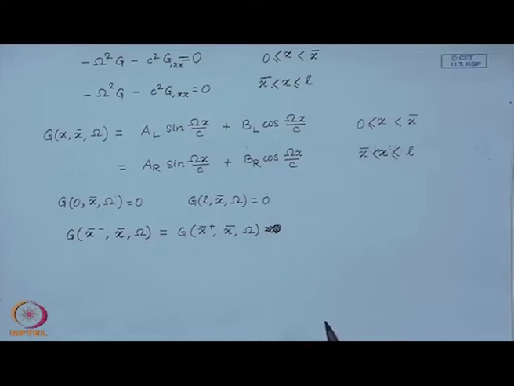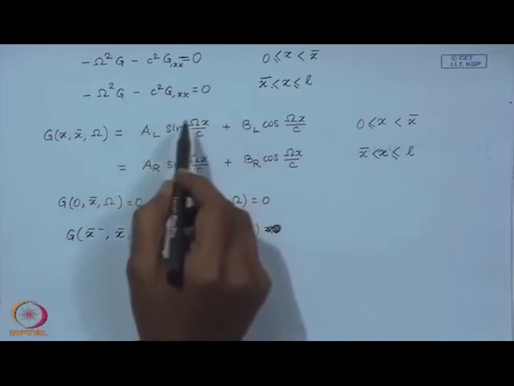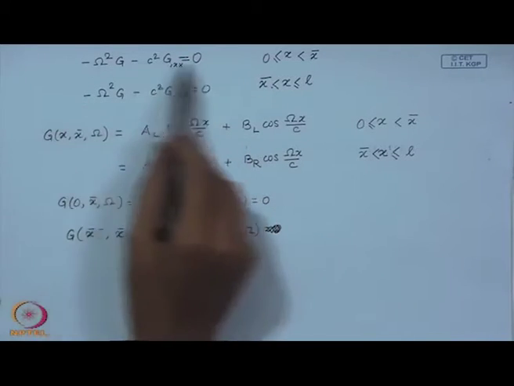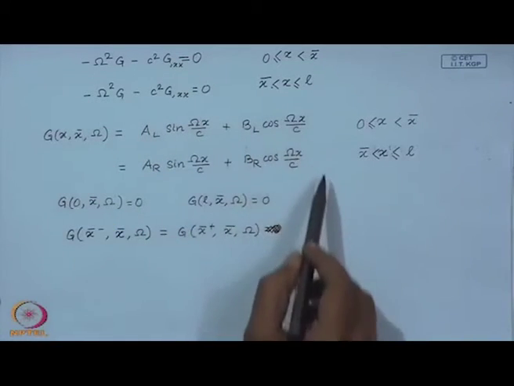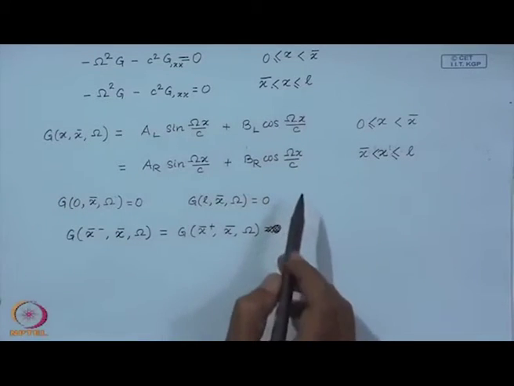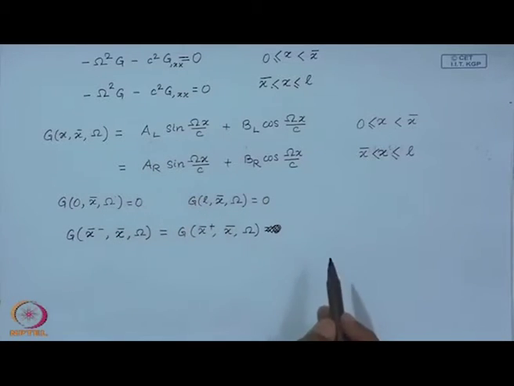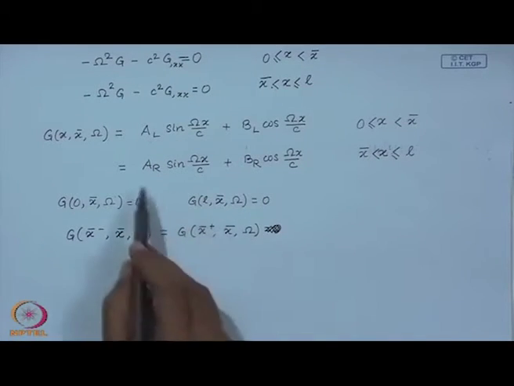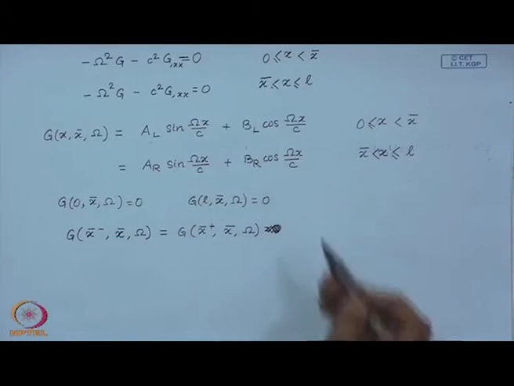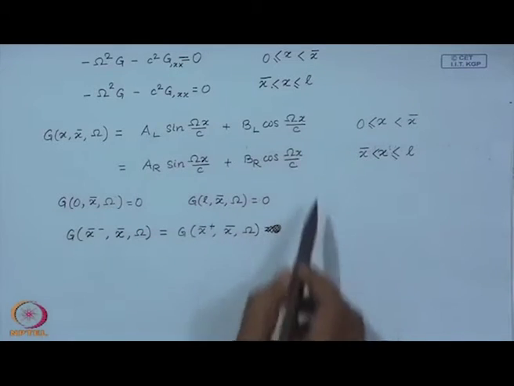So, you see the solution of the differential equation of the boundary value problem. The general solution is given by this. Now, we have these 4 unknown coefficients A L, B L, A R and B R, which are to be solved in order to determine the Green's function.